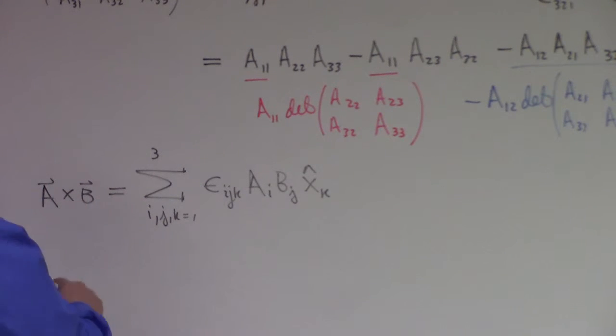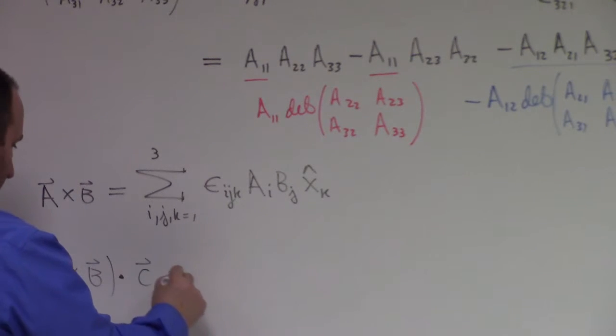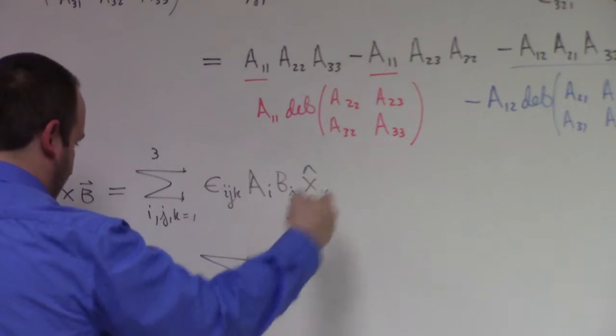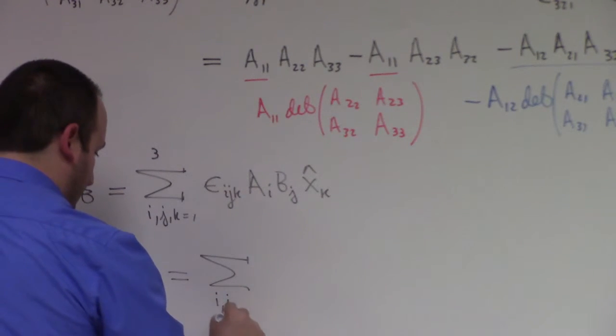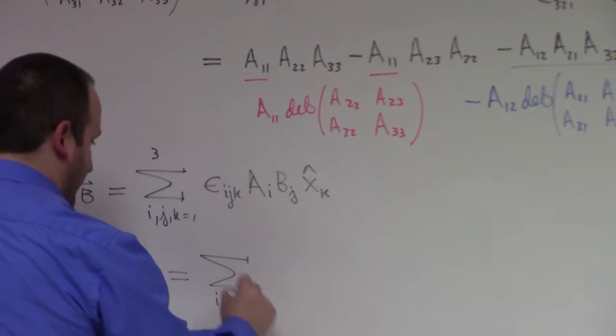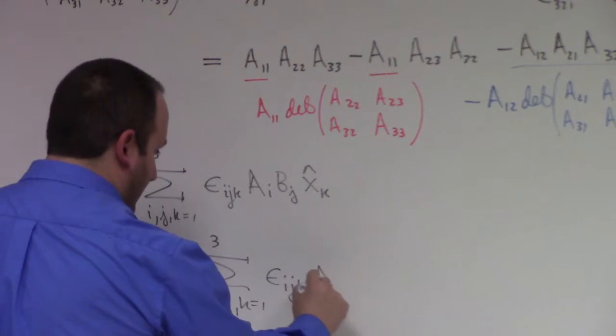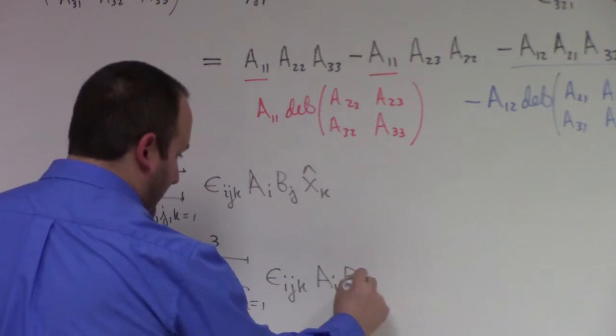And also, of course, you can do this, A cross B dotted with C, right? Well, that gives you this. It's straightforward, if you take the dot product of this expression, you get this formula, ijk equals 1 to 3, epsilon ijk ai bj.